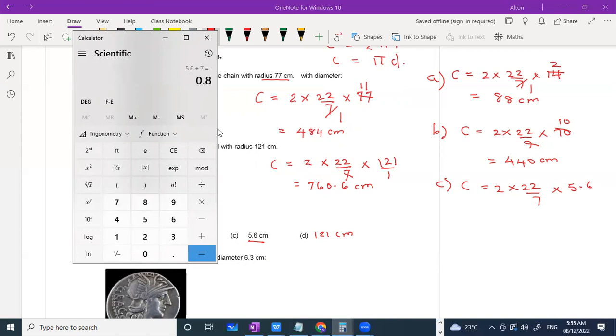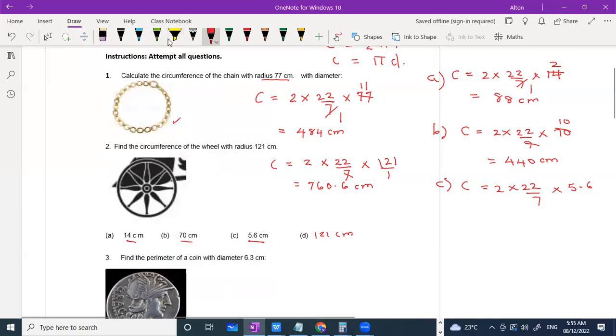Right, our answer there is 0.8, and we'll now multiply that by 2 by 22 is 44, giving us 35.2. So our circumference for the last one will be 35.2 centimeters.